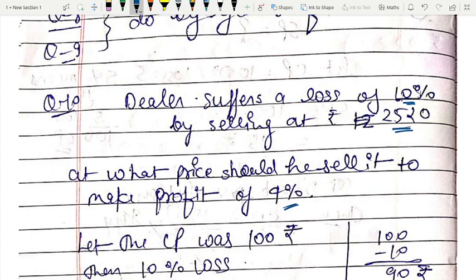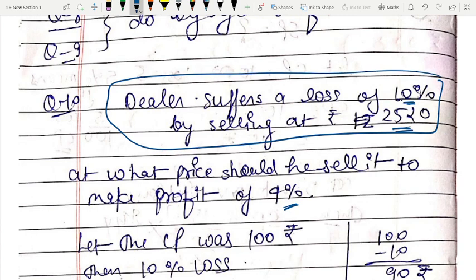So what you need to do for this part is find the cost price, and in the whole problem we know very well the cost price will remain the same. Here a loss is given but we want to change it into a profit.